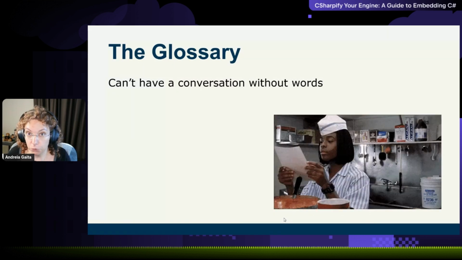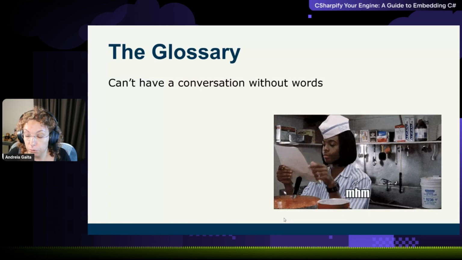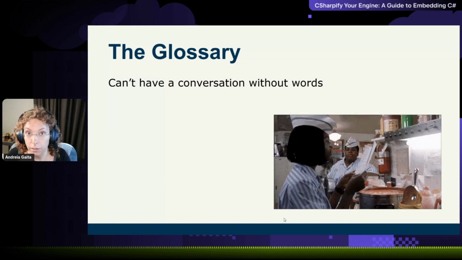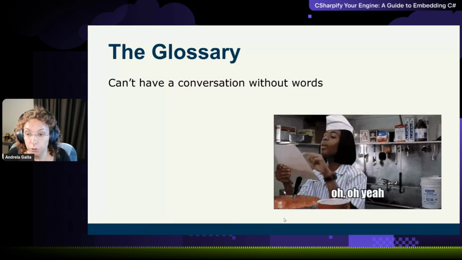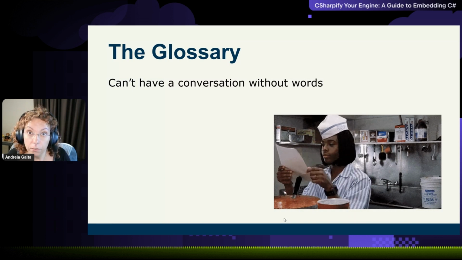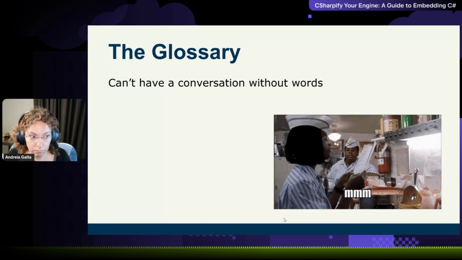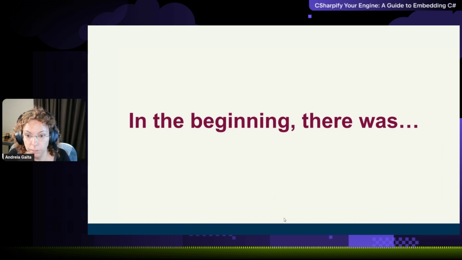So before we start on the technical things, we're going to go through the words and try to make sense of the vocabulary for C# and embedding environments, so that we can make sense of the technical parts. And so let's start with a story, because just throwing a bunch of words isn't fun.